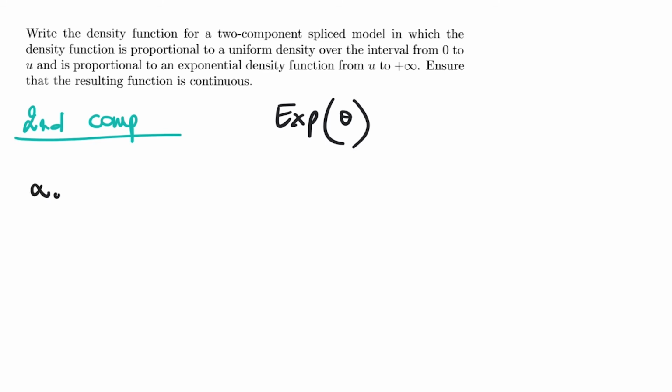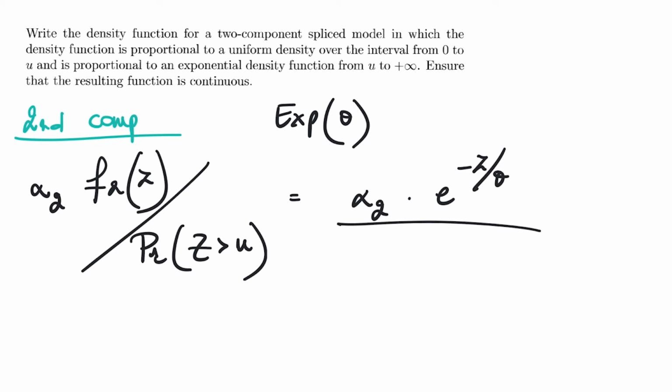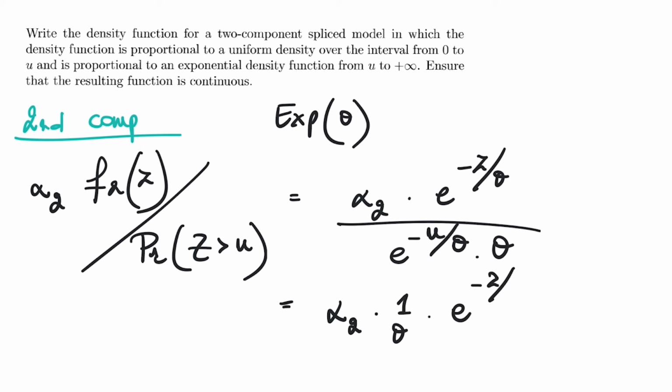This means that our second component, which was equal to alpha 2 times the second density, conditional on the fact that z takes values within the interval from u to plus infinity, is equal to alpha 2 times the exponent of minus z divided by theta, divided by the exponent of minus u divided by theta times theta, which is equal to alpha 2 times 1 over theta times the exponent of minus z divided by theta times the exponent of u divided by theta.